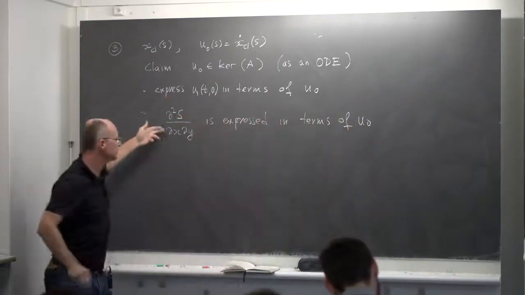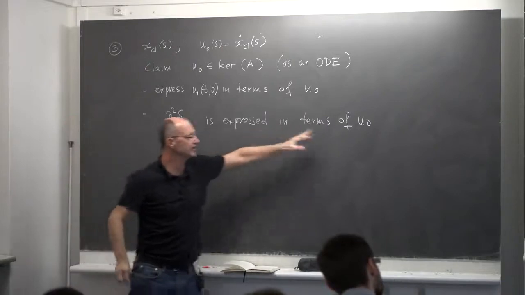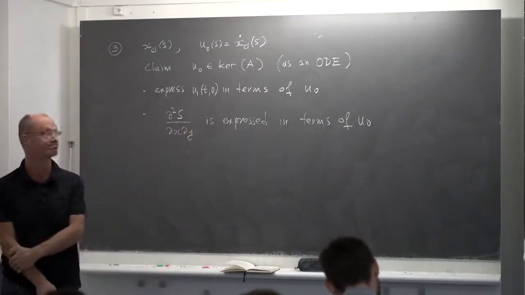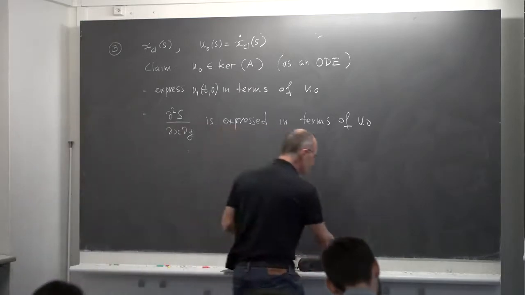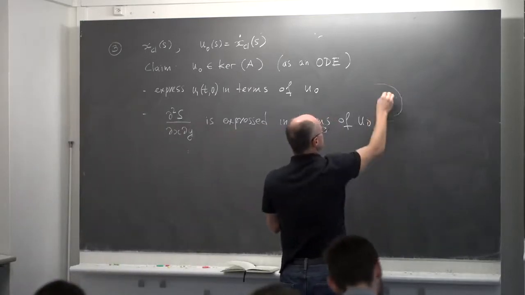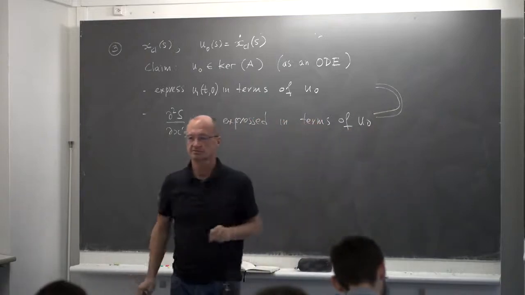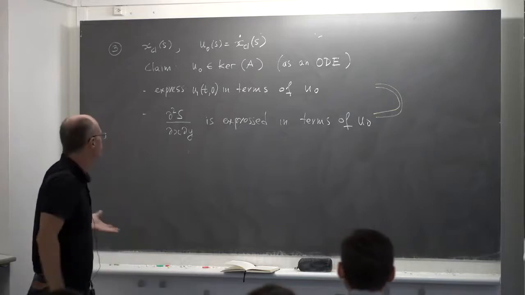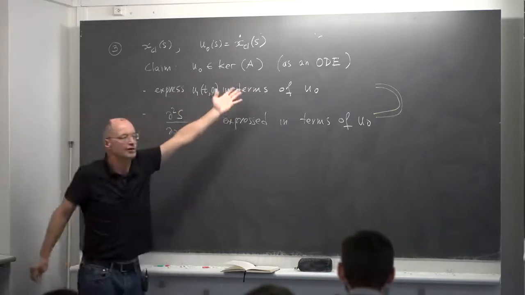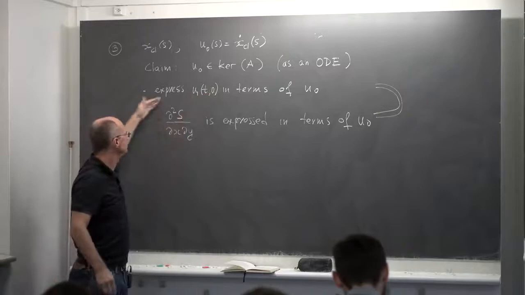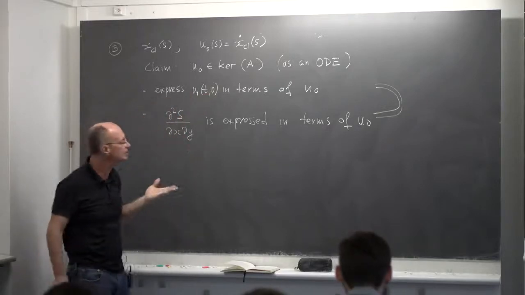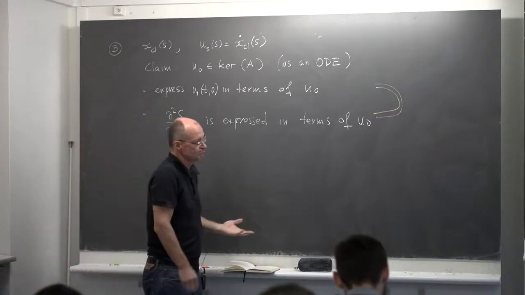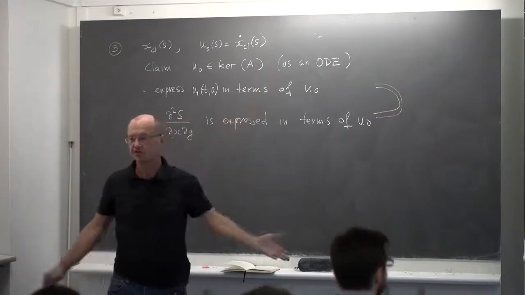Of course, it's expressed in terms of the classical trajectory, and in particular, it turns out you can write it down in terms of u naught. Miraculously, these two expressions coincide. So this thing is expressed in some way as a function of u naught, and this thing is also expressed as a function of u naught. It turns out these are the same functions, and a priori, if you believe all that, this concludes the proof.